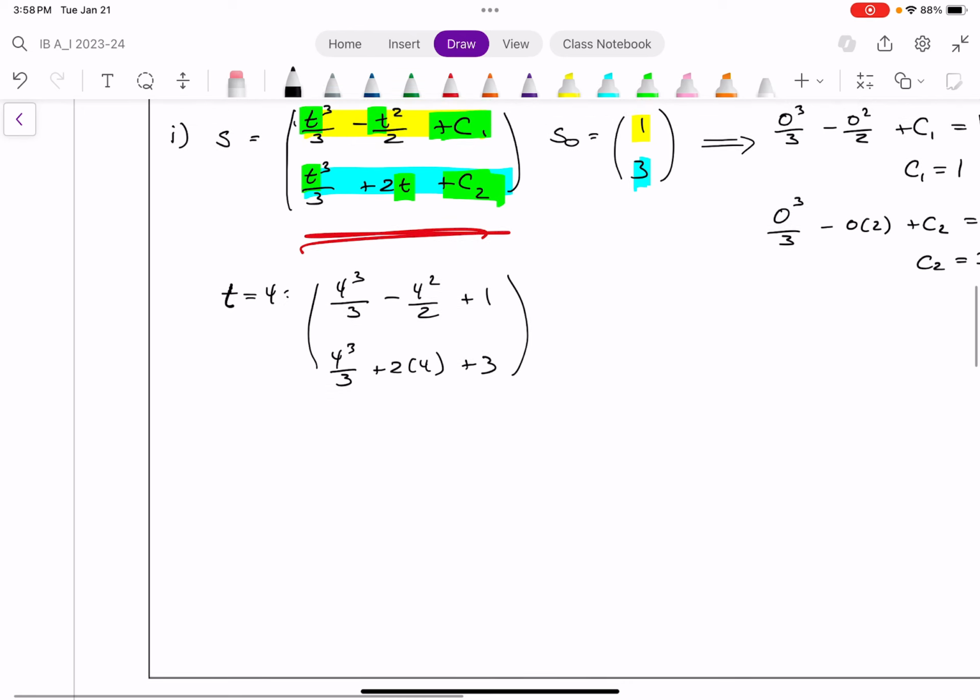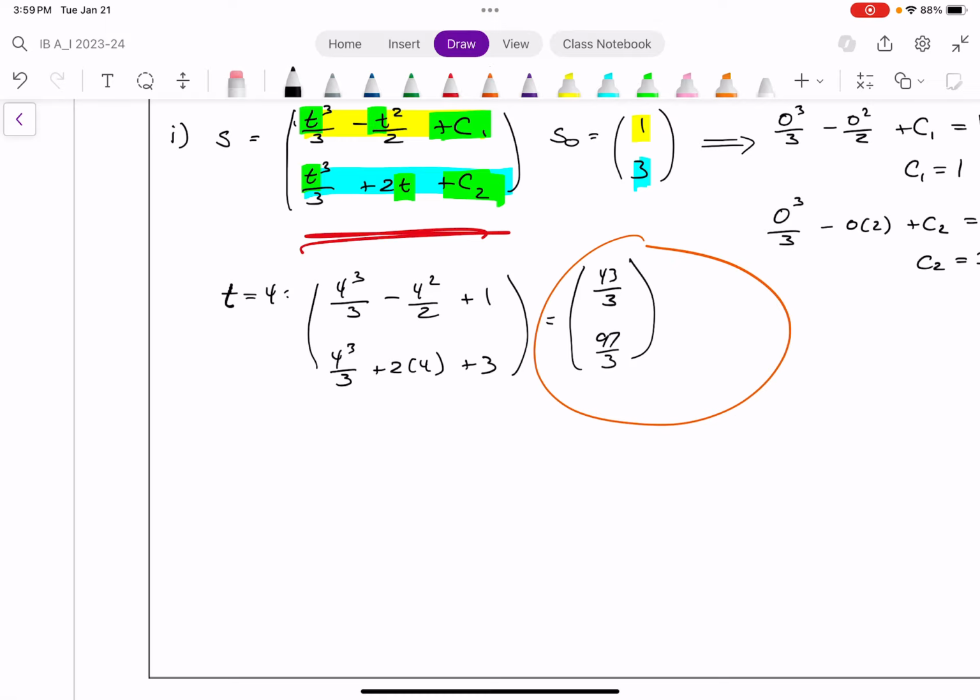If you do a quick bit of work, I'll leave these as fractions in lowest terms, you get 43 over 3 and 97 over 3 for the other. So there's our position. The units these are in meters.